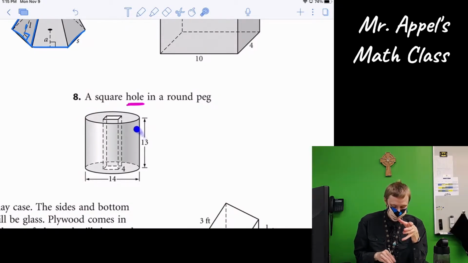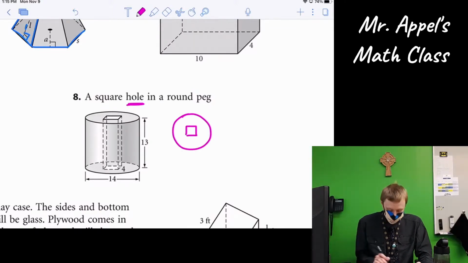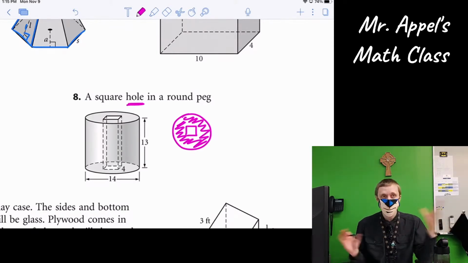You've got to paint all around the outside, the top, and the bottom. The top and the bottom are circles with square holes in them. The paint is only going to go there, so you have to calculate the circle and the square and then subtract. It seems obvious when you say it out loud, but some people miss that.